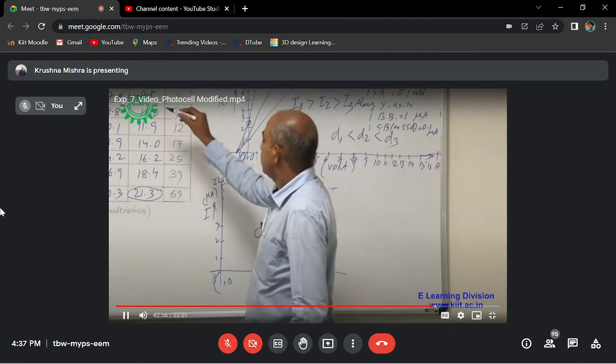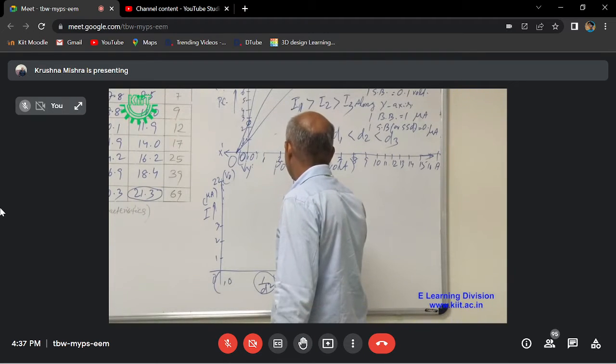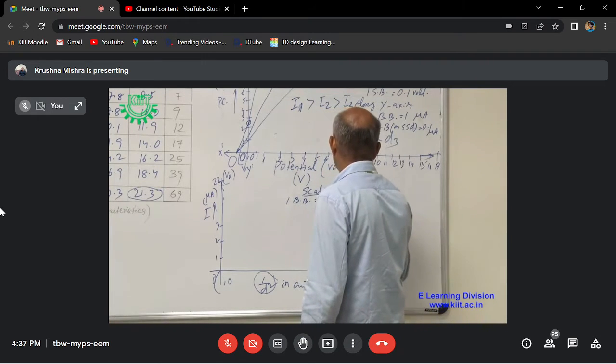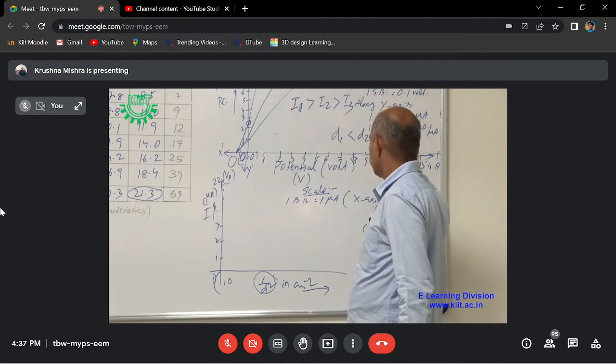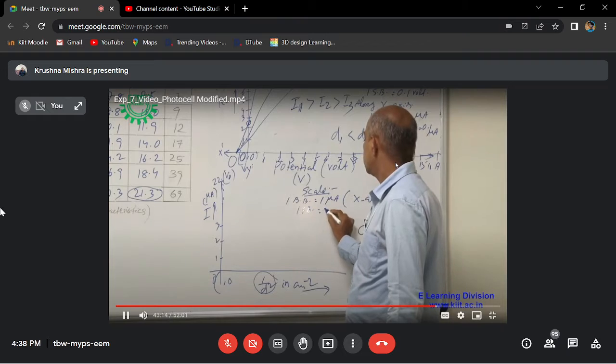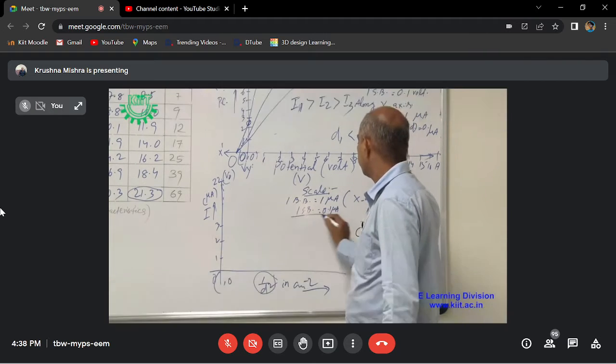So one big box is 1 microampere, and one small box is 0.1 microampere.